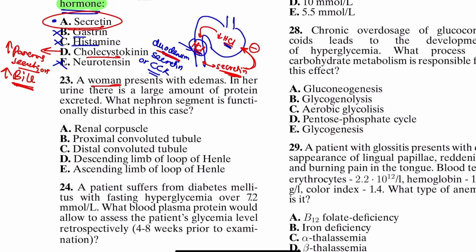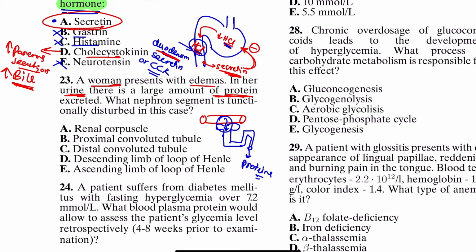Here we see a woman with edemas, and in her urine a large amount of proteins. So she's losing proteins in her urine. So again, about the nephron, if there is something wrong with the filter, called the glomerular filtration, then I will have proteins in the urine, because normally I have minimal proteins in the urine.